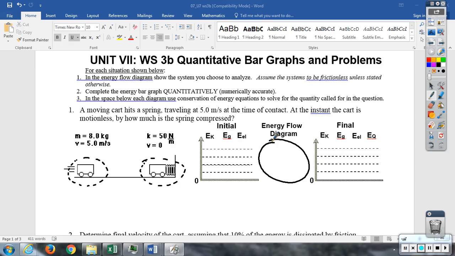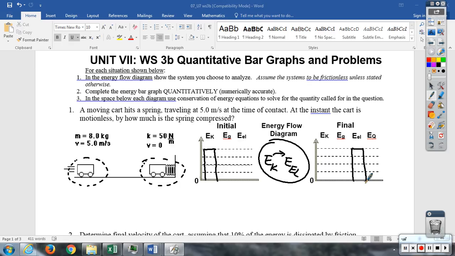And so just to qualitatively begin our diagrams first, we'll just indicate that at the very beginning we have all kinetic energy, that the kinetic energy is transferred into elastic through the negative work done by the spring, and all that energy is now stored as elastic potential energy.